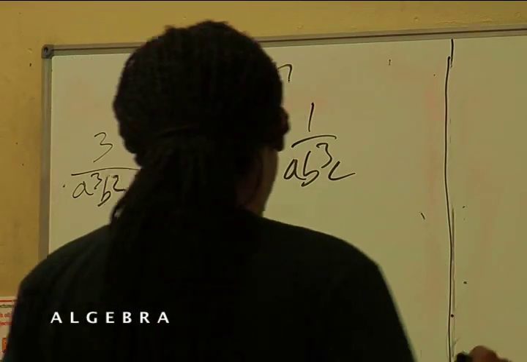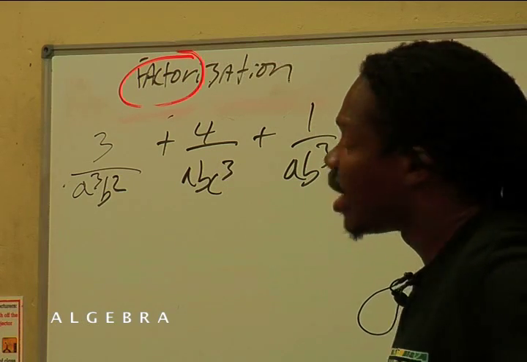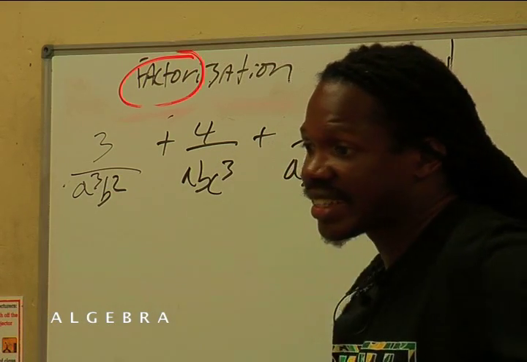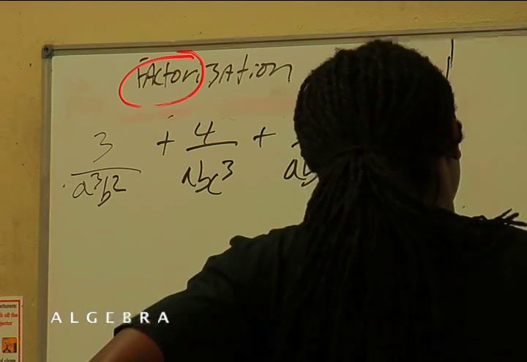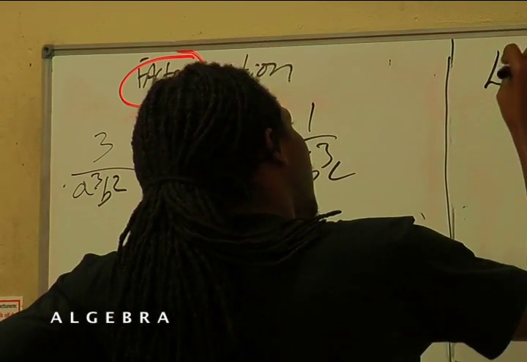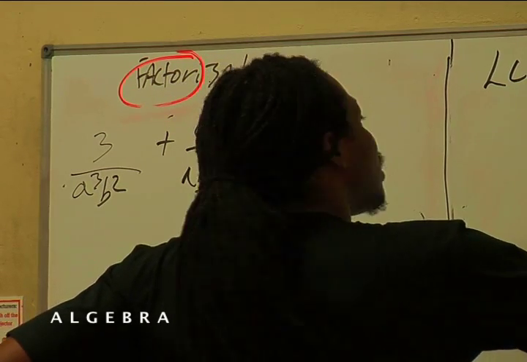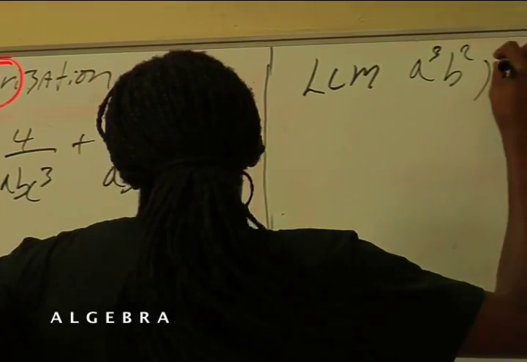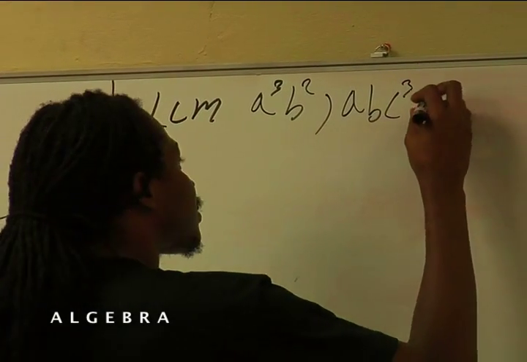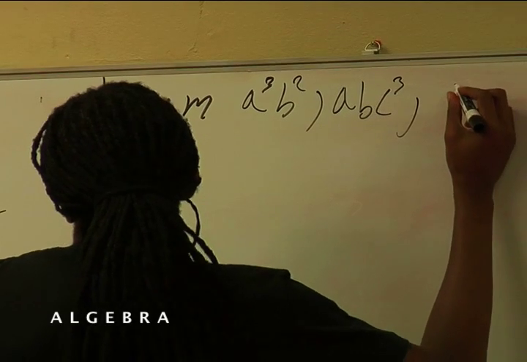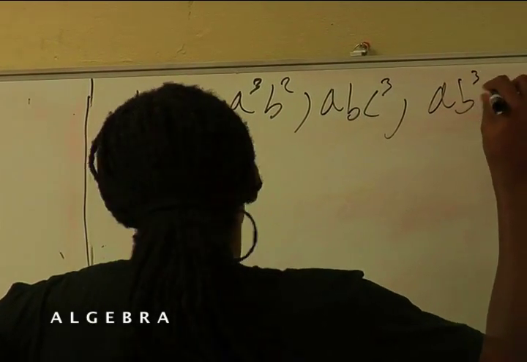The LCM, why? The LCM is for the denominator. LCM of a cube b square, a b c cube, and a b cube c.